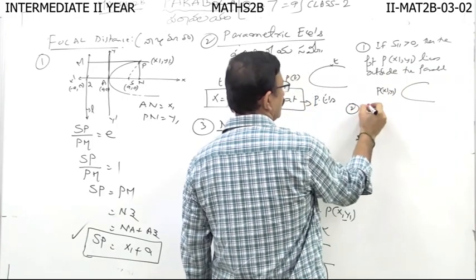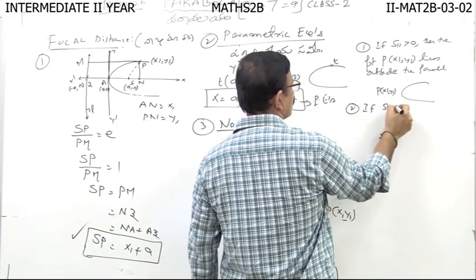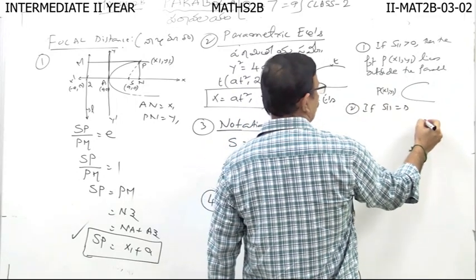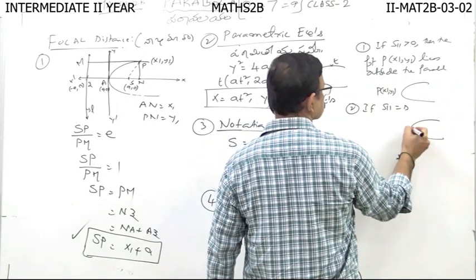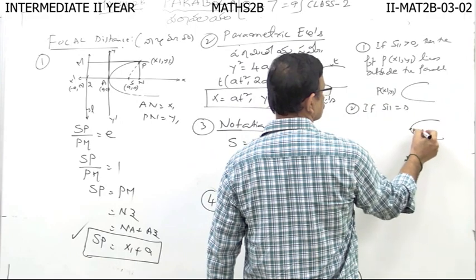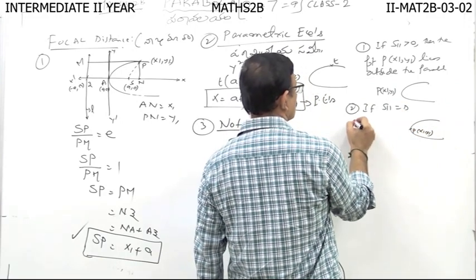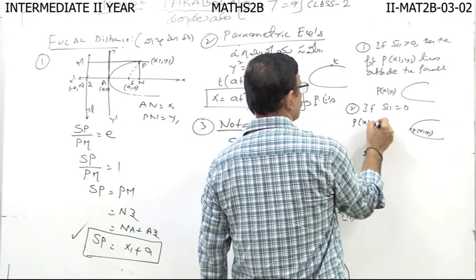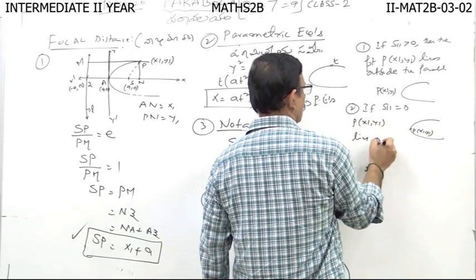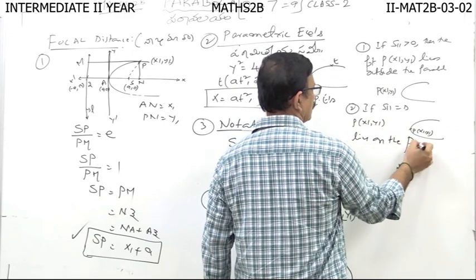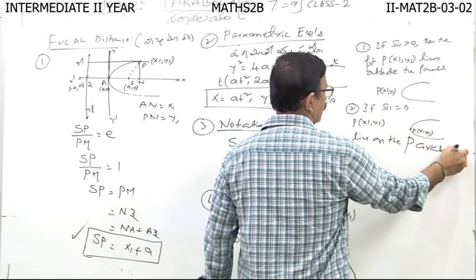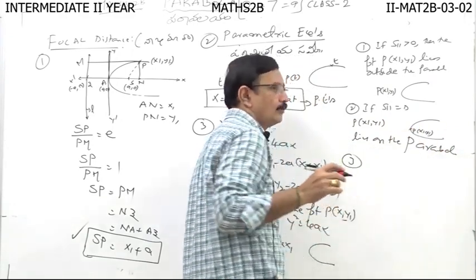Second point, if S11 is equal to 0, then the point P lies on the parabola. That means the point P(x1, y1) lies on the parabola. This is the meaning of the second point.